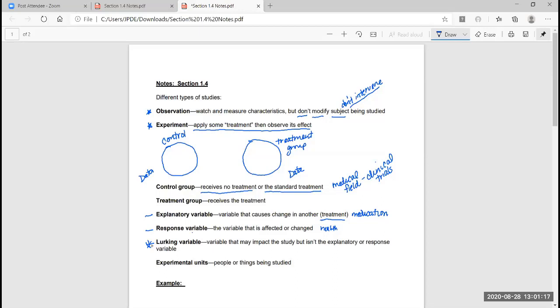So it's something that might be kind of lurking in there that maybe you hadn't thought about when you set up your study. And again, my example coming up is going to address that. The experimental units are the people or things being studied. That's basically your sample. Who are you studying? Let me put sample in here.